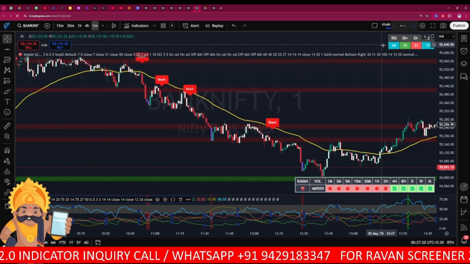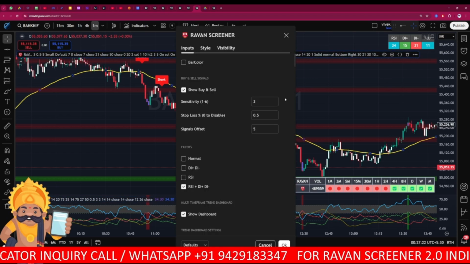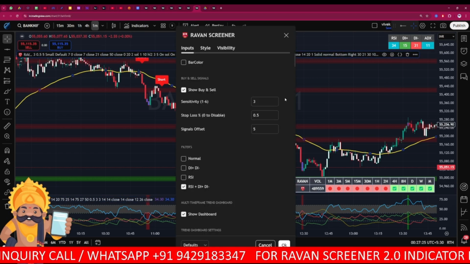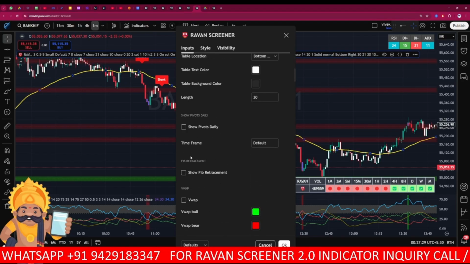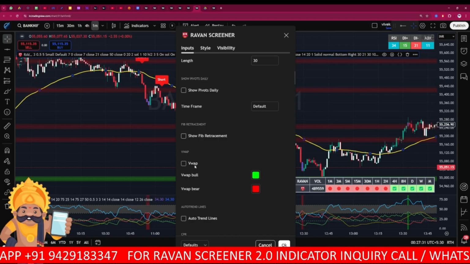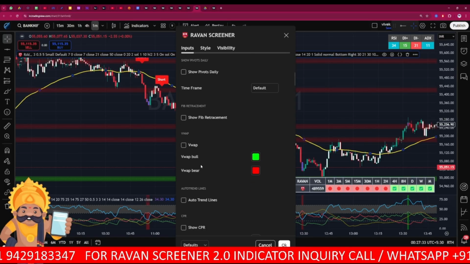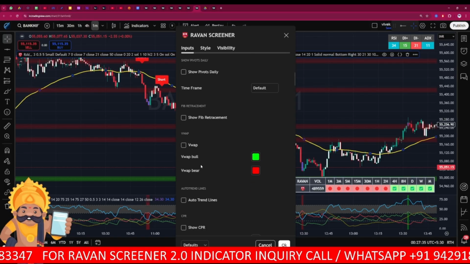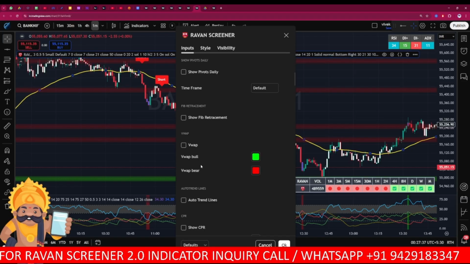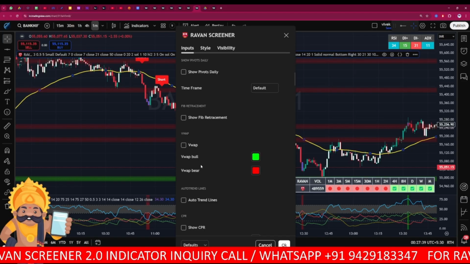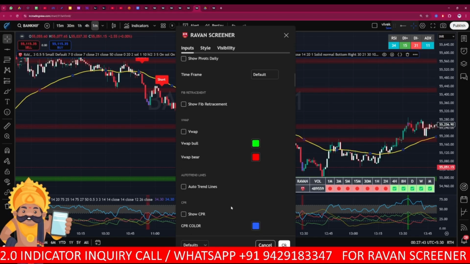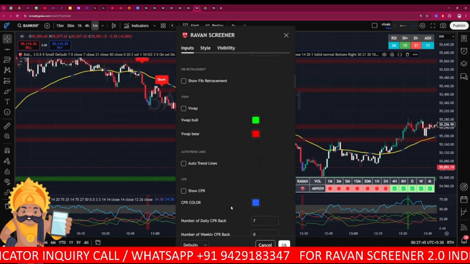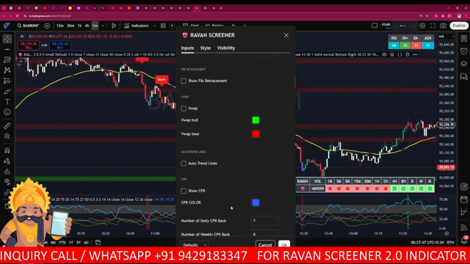Similarly, in the main indicator you are getting more than 16 features. You can just activate and use them: Fibonacci retracement, pivot points, VWAP for additional confirmation. It's not mandatory to checkmark all the features and use them on the chart. It depends on a case-to-case basis. You can see the CPR levels. Awesome indicator, guys. Whenever there is a narrow CPR breakout, you will get very, very good big moves.